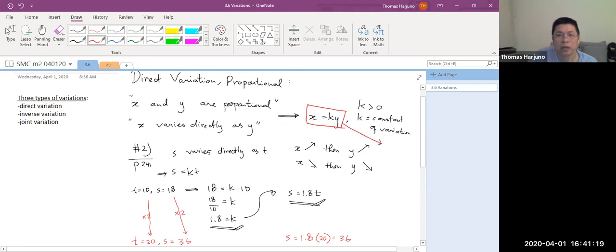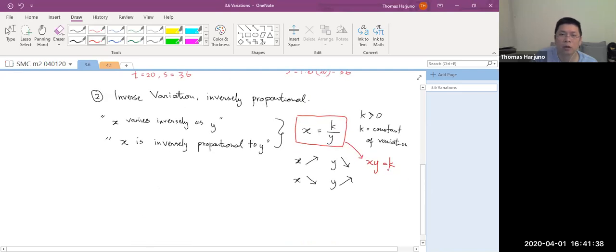We can say that X over Y equals a constant. That's why, if they are directly proportional and one of them increases, the other variable has to increase to keep the proportion. When they are inversely proportional, if one of them increases, the other variable has to compensate such that the product is still the same K.